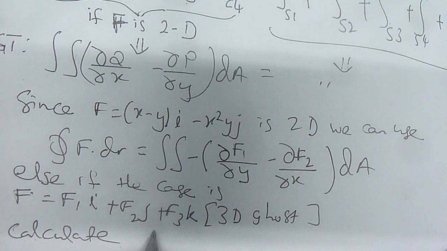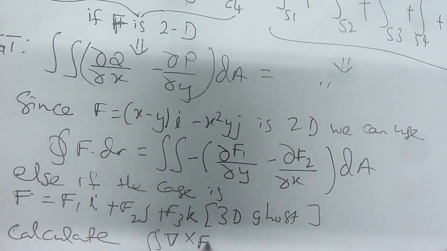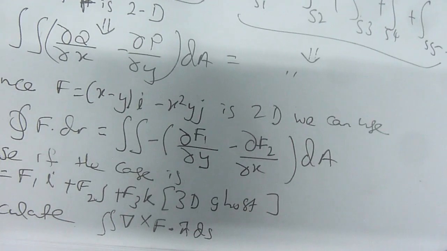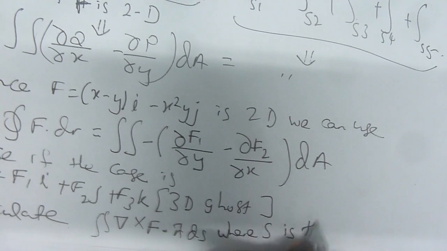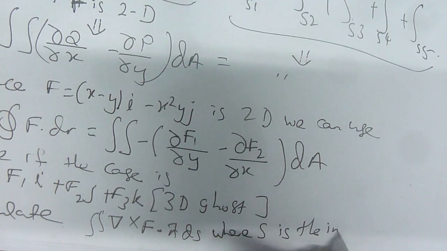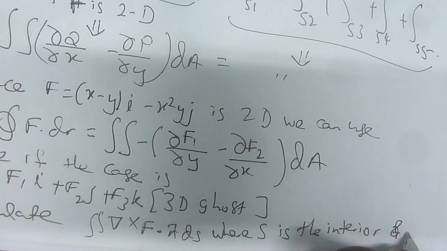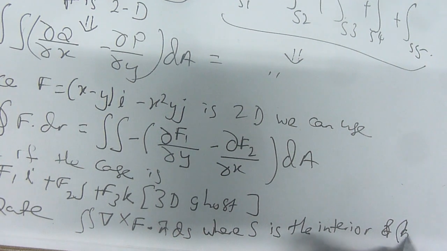Then no other option. We need to go for the tough way, where S is the interior of a circle, or maybe it's not a circle, a curved boundary.